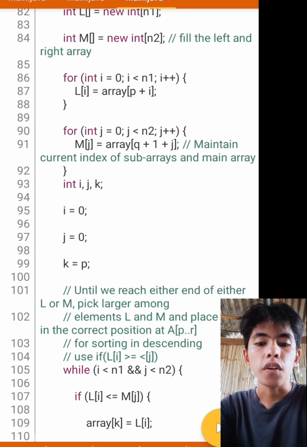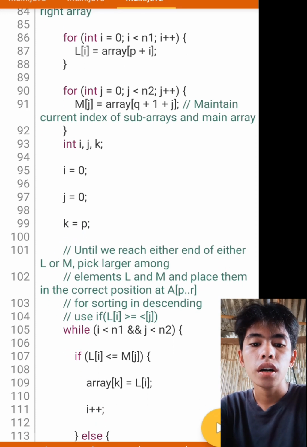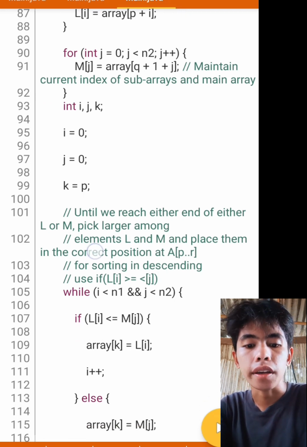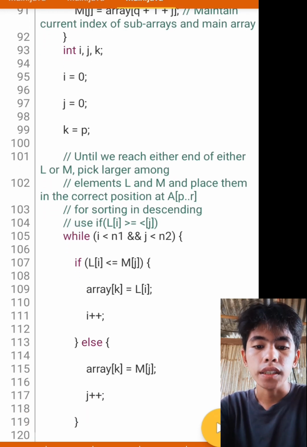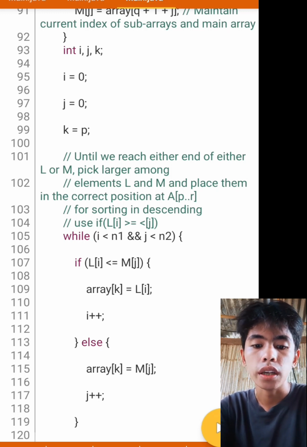Then for (int i = 0; i < n1; i++), then for (int j = 0; j < n2; j++), M[j] is equal to array[q + 1 + j]. It maintains the current index of subarrays and main array: int i, j and k. i is equal to 0, j is equal to 0, k is equal to p.